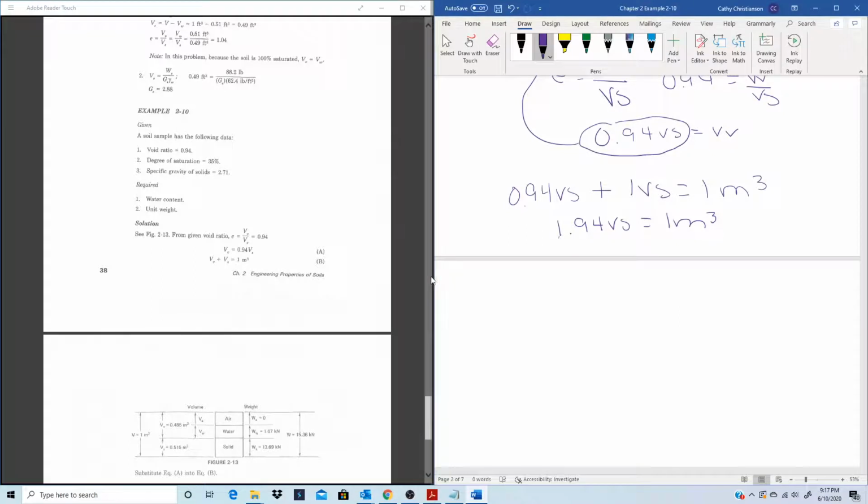And again, if I want you to assume 1 meter cubed, I am going to tell you in the problem to assume it.